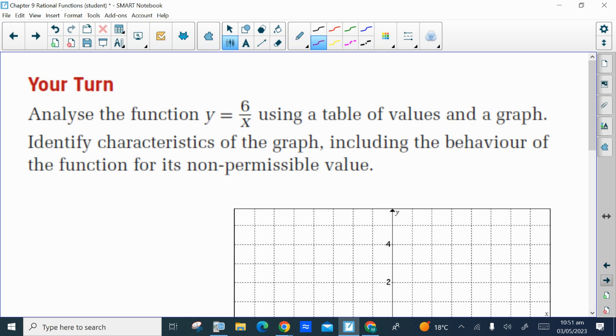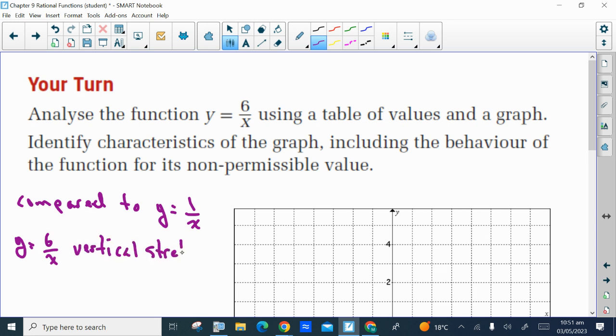Now, when we do the graph of y equals 6 over x, it's going to be the graph of y equals 1 over x with a vertical stretch about the x-axis by a factor of 6. So if we compared it to y equals 1 over x, y equals 6 over x will be vertically stretched about the x-axis by a factor of 6.